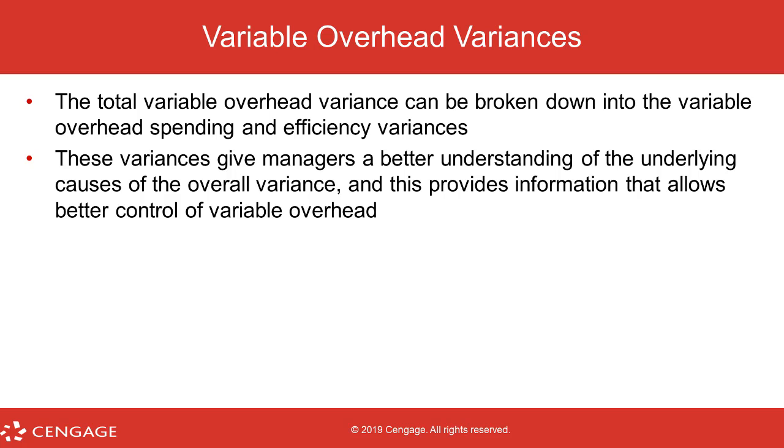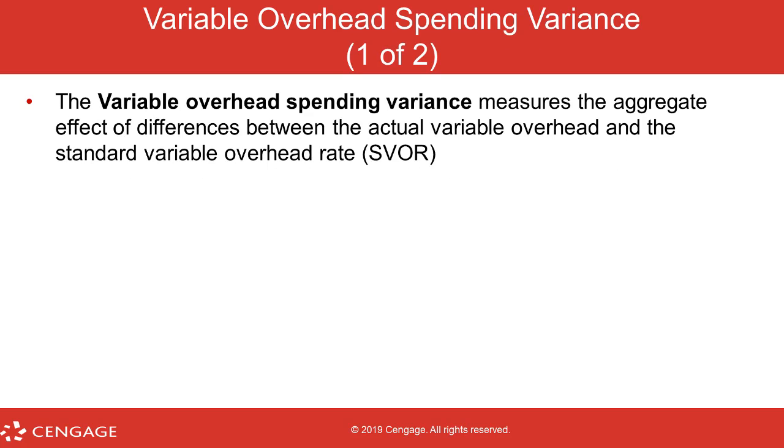So on the spending side of things, is our cost per unit more or less than we expected? Or on the efficiency side of it, are we taking more or less hours to produce that unit than we expected it would? And when we're looking at these variances, it's similar to any other variance.